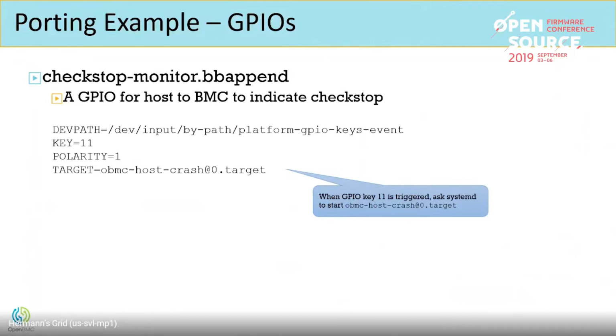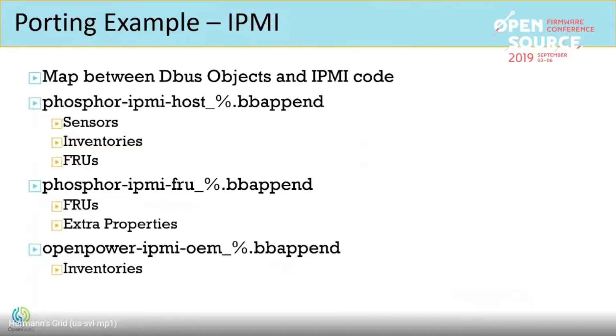Okay, so the next one is IPMI configs. IPMI has a lot of config files, so I divided them into 3 recipes. The first one is phosphor IPMI host, which defines the IPMI sensors, inventories and FRUs.